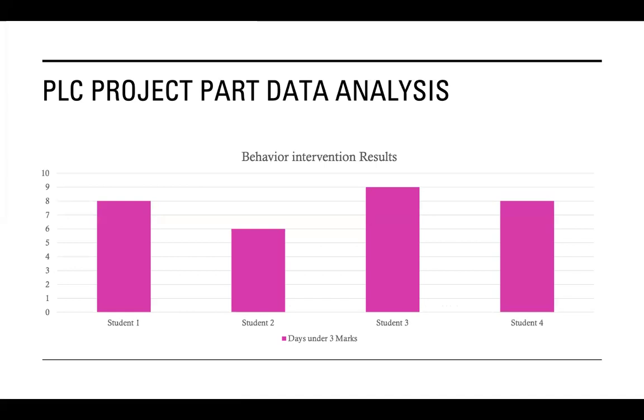After implementing this intervention in my class and holding the students accountable, we see here, with this chart of the data that I've collected, that most of the students were able to reach their goal the majority of the days throughout the 2 weeks. Student 3 reached it 9 of the 10 days, students 1 and 4 reached it 8, and student 2 reached it 6.